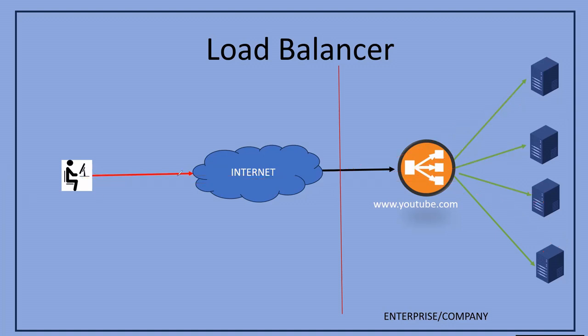The next one, what organizations normally do to shape the traffic, is the weight. They'll give a weight, like how much traffic each server gets. Suppose I have 100 connections coming in.